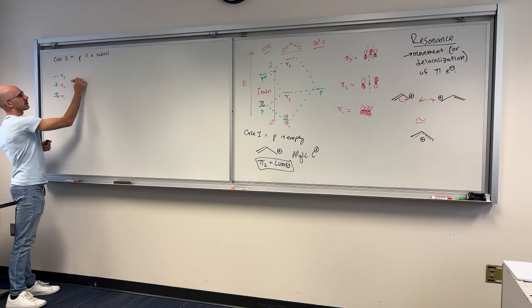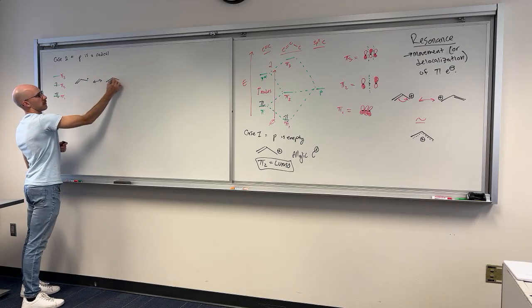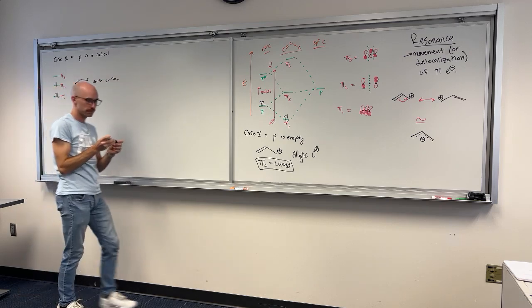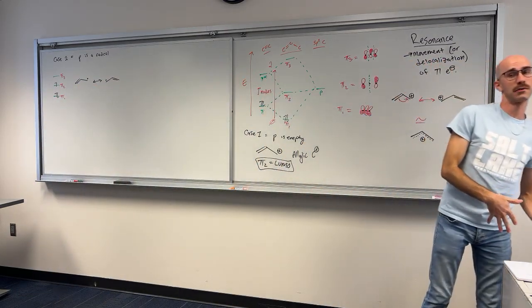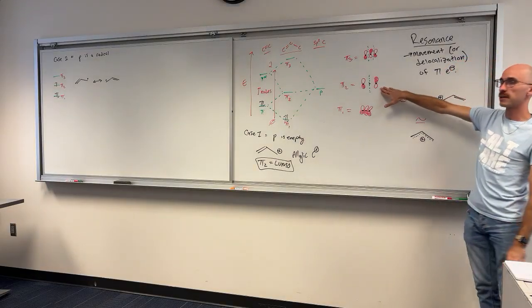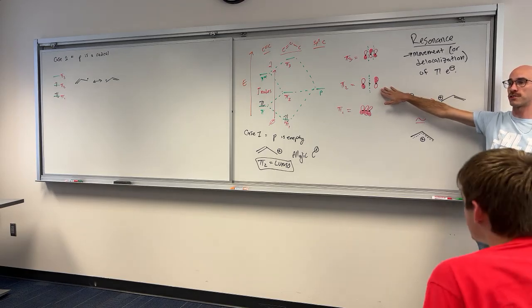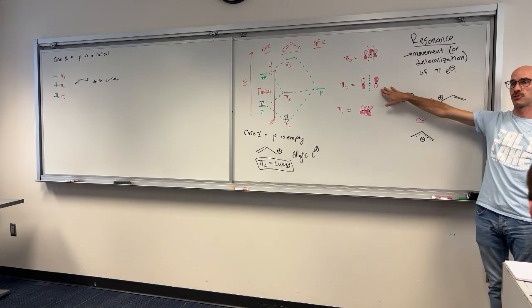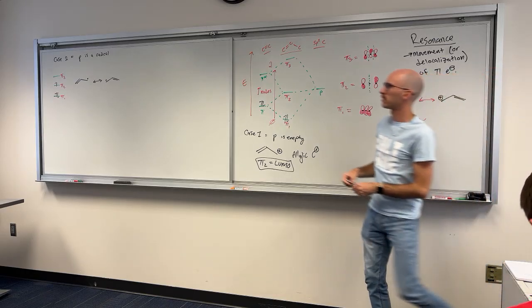And so we get these 2 resonance forms. One that says carbon 3 has the radical, one that says carbon 4 has the radical, and that's because pi 2 is a molecular orbital that does not sit over the central atom. So only the ends of that allylic system are radicals.